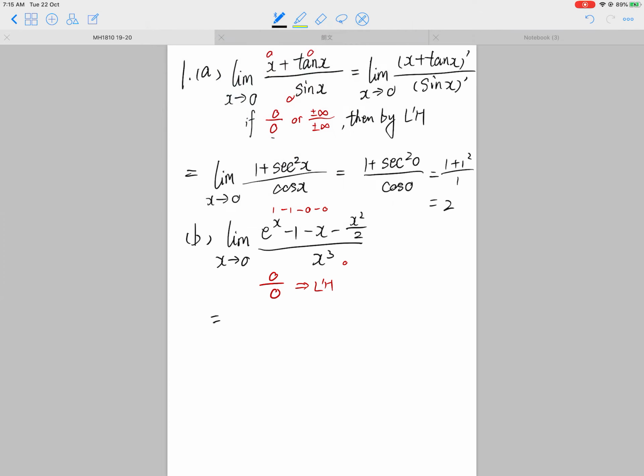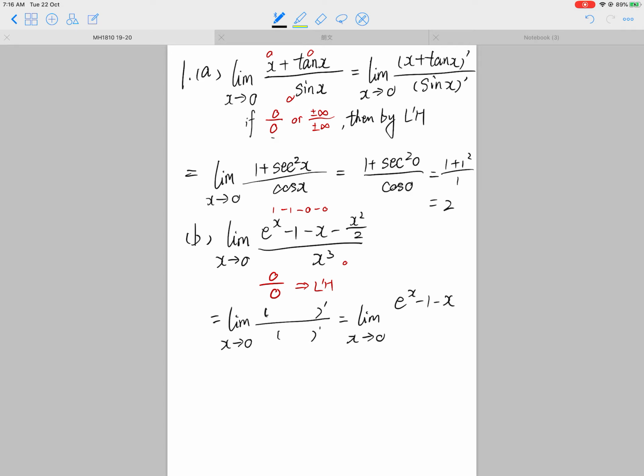It equals the derivative of the top over the derivative of the bottom. So the top's derivative is e to the power of x minus 0 minus 1 minus x.